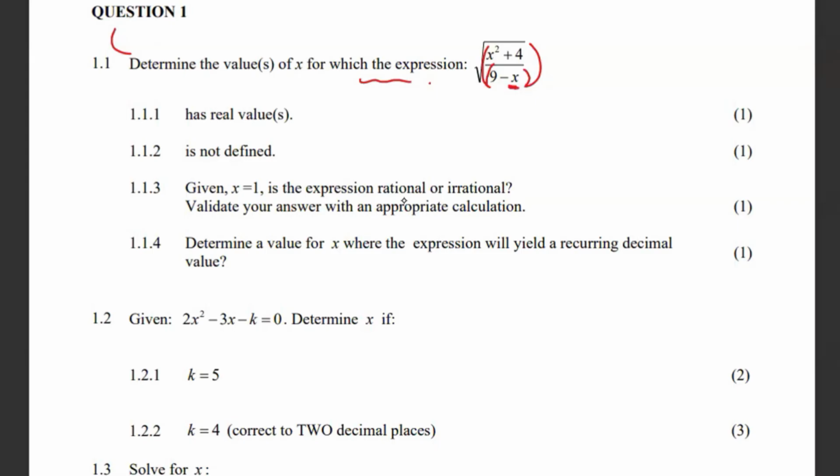If we use a number that is greater than 9, we're going to have a negative within the denominator, which will lead to a negative within the entire thing. Meaning that our x can only be a negative number that is smaller or equal to -9. So I'm going to say that, no, not -9.